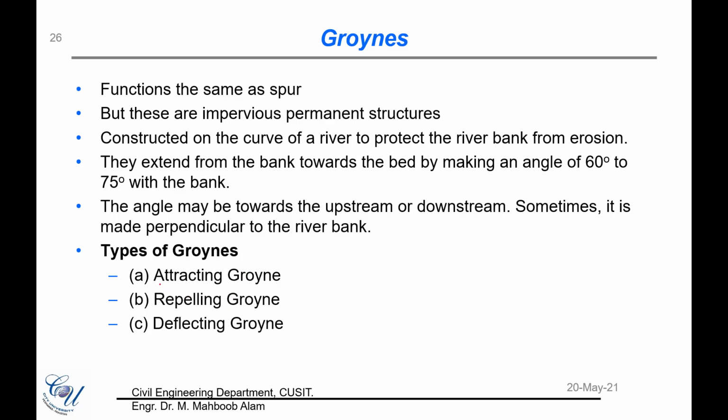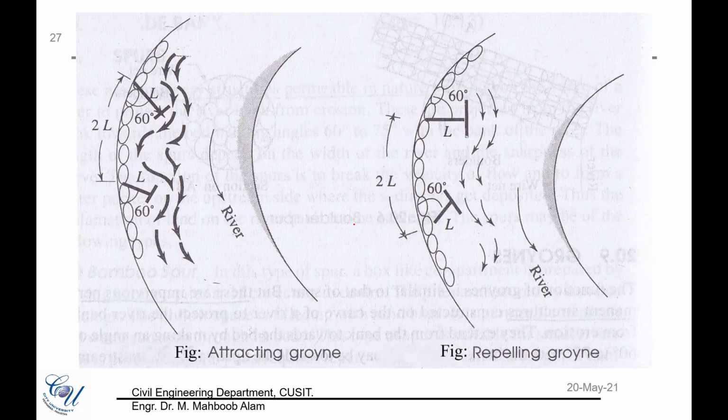As I said, it depends upon the orientation of the groins, whether towards the upstream side or the downstream side. So we will see how they act once they are installed. You see here, this is a particular river or the curve of the river, and this is a particular groin which is installed here.